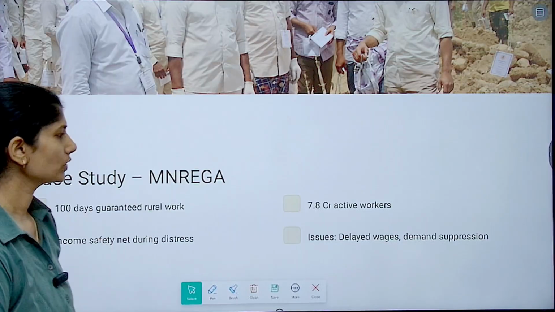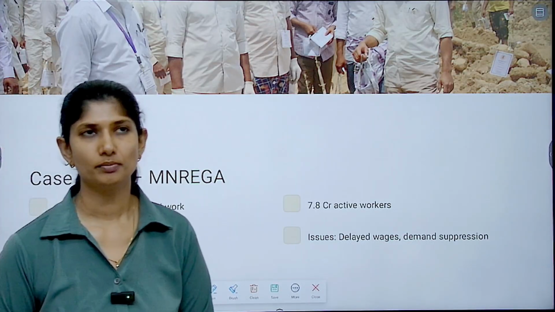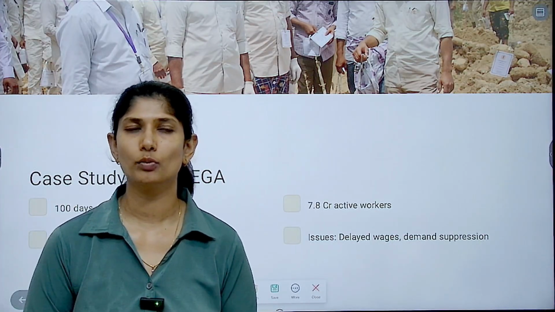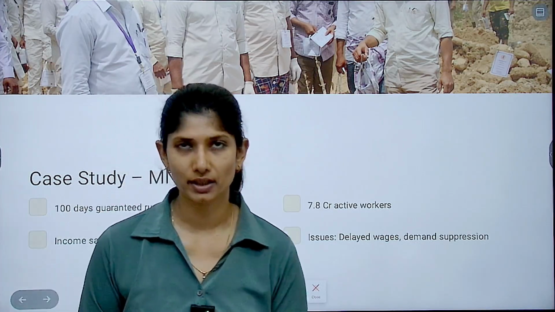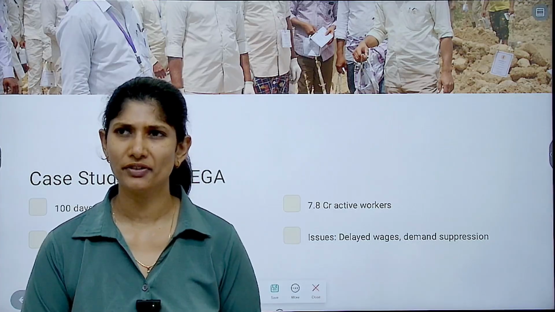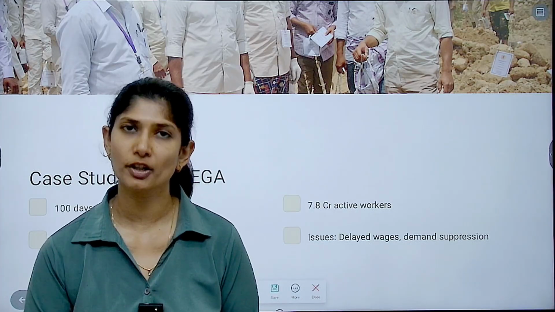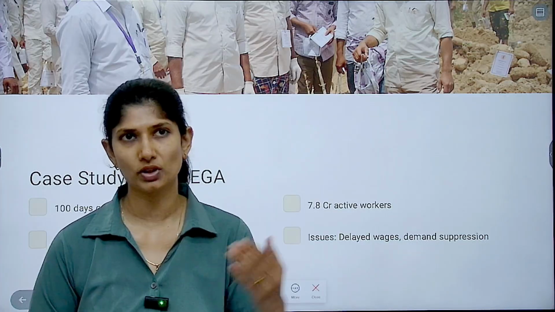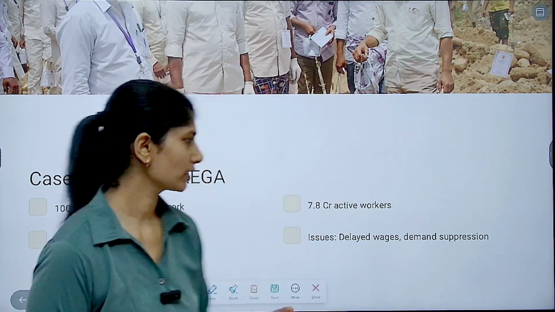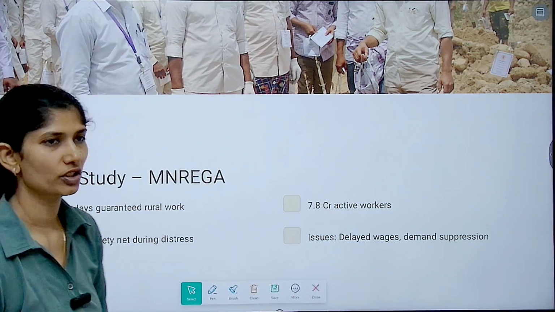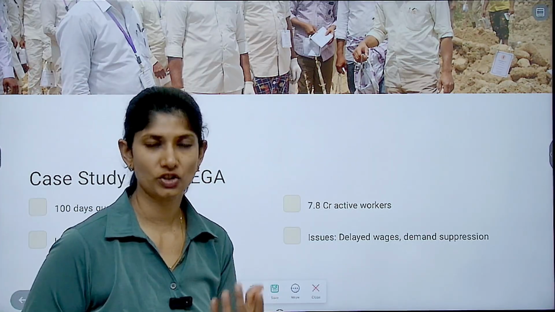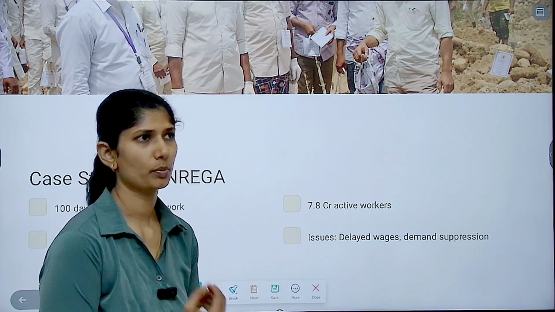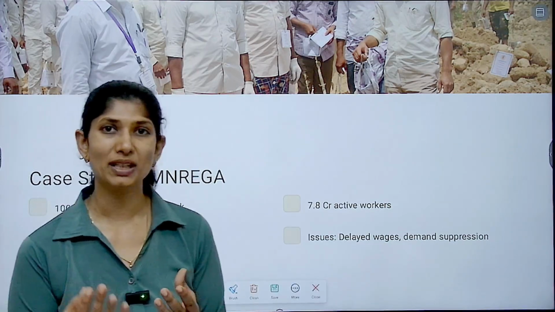Okay. Then is with respect to Manrega. Manrega scheme again is a very important scheme where it provides your 100 days work. This also is a very good scheme from a social welfare perspective, but there are again associated issues with this, such as, look at this, delayed wages, and also one more thing is the suppression with respect to more of the people associated.